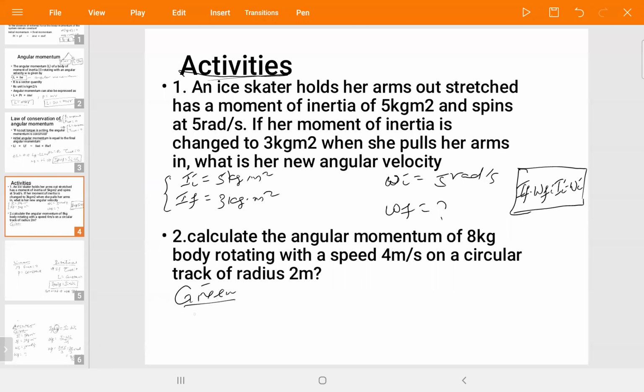The problem is about a body of mass 8 kilogram moving around a circular path of radius 2 meters with a speed of 4 meters per second. This is information about the body rotating on a circular path, and we are looking to get the angular momentum.